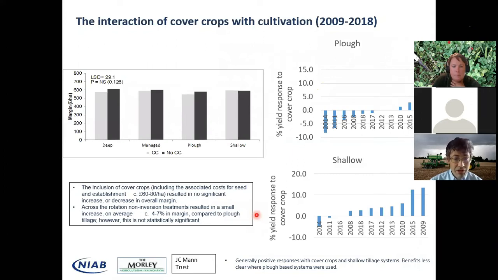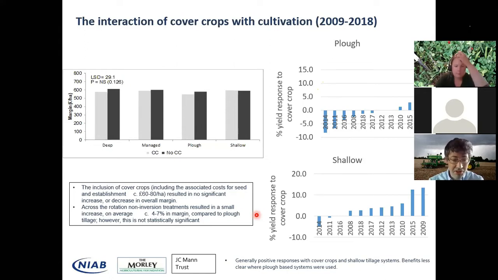And we've looked at that across the rotation, so this is over 9 years, and it's the average margin over that time period for the 4 cultivation systems, which are here, and either with or without a cover crop. And over that time, we don't actually see a big change in the margin, either with or without the cover crop, so they're very similar.